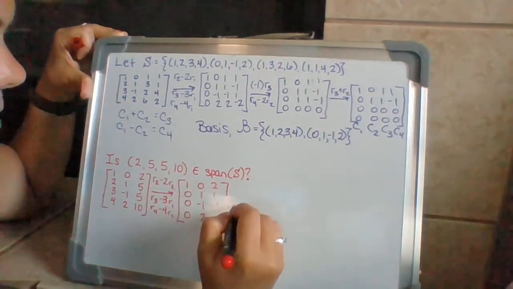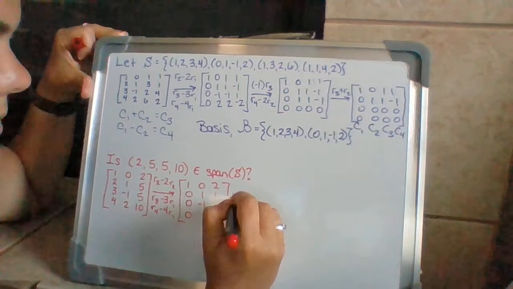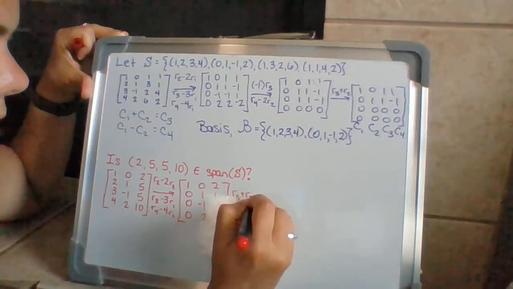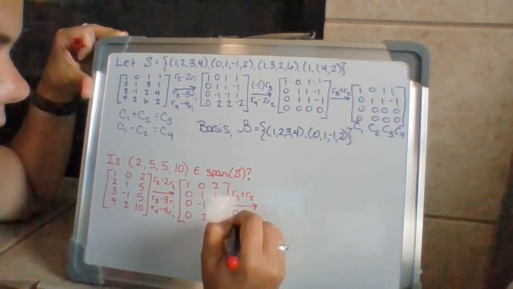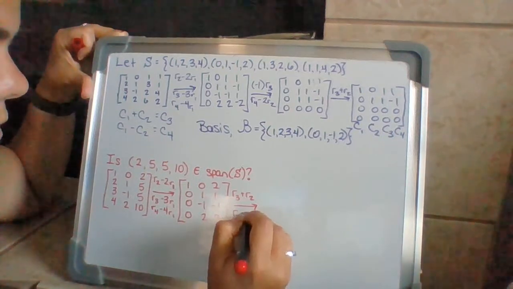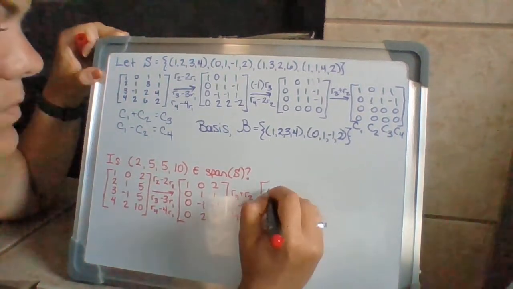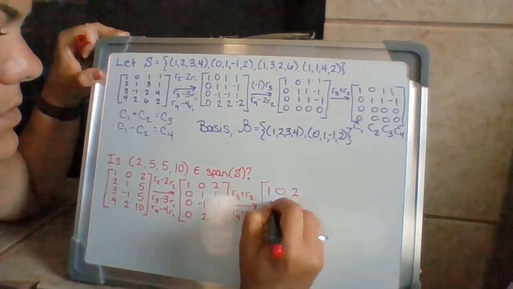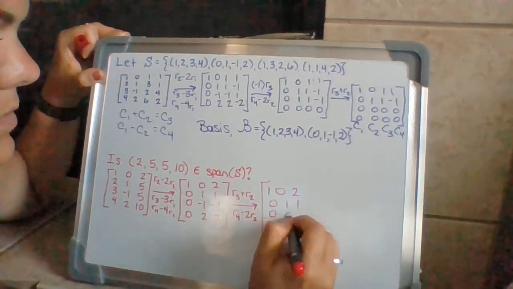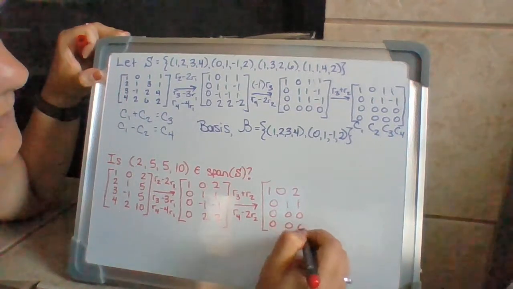Okay, so I'm going to take row 3 and get rid of it, and also row 4. So we end up with 1, 0, 2, 0, 1, 1, zeros, and zeros.